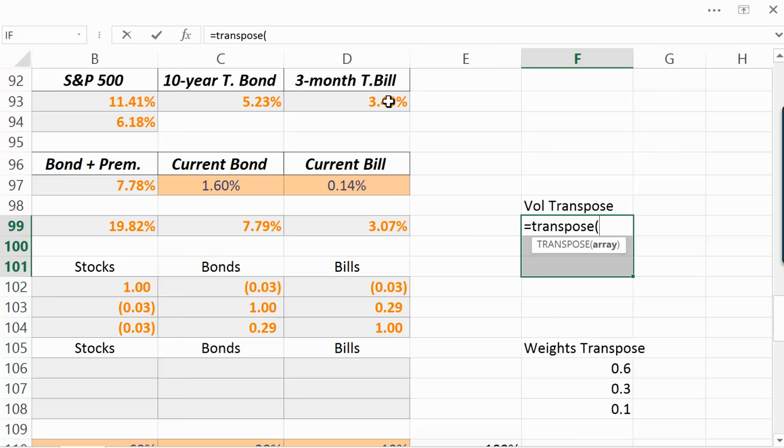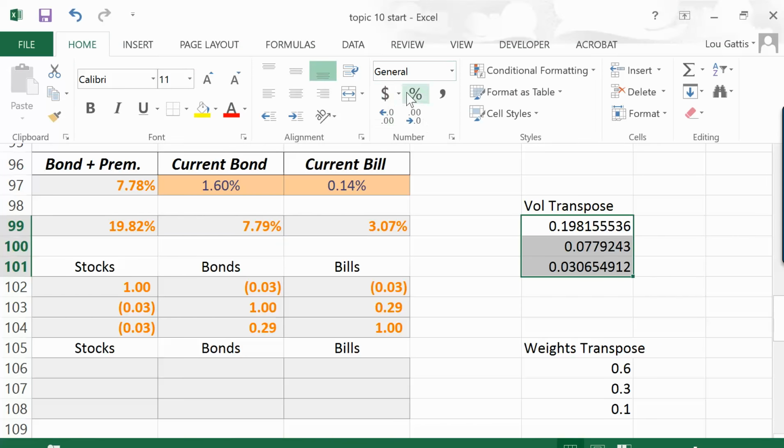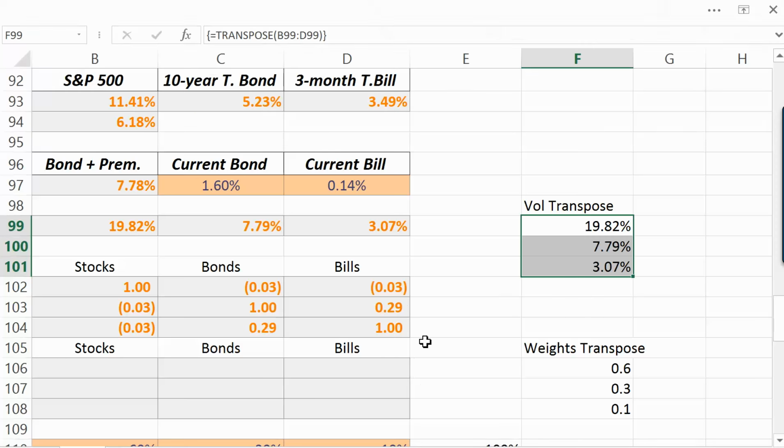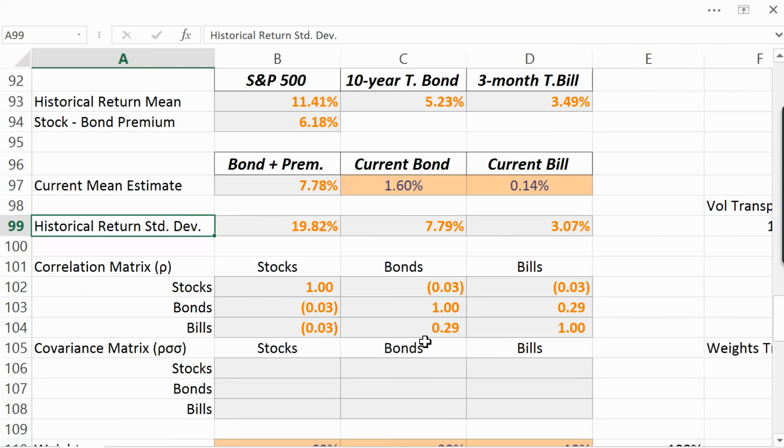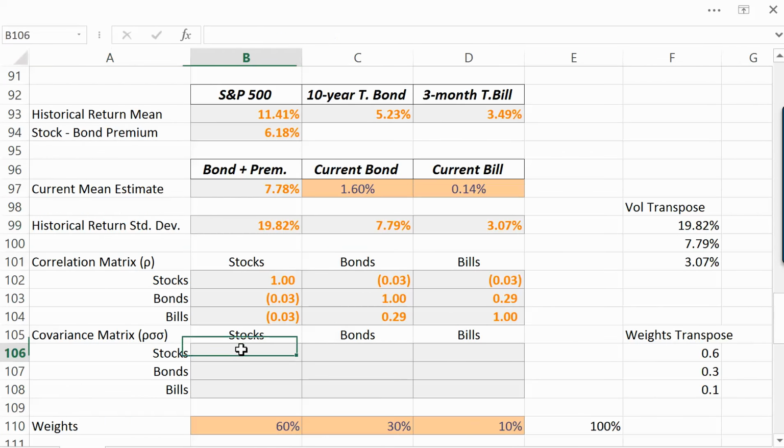And I'm going to highlight the standard deviations and hit Control-Shift-Enter to enter as an array. Now these are my three standard deviations. Now why I'm doing this is just going to make this a little bit easier because there's no easy way to anchor this. Each one of these values is a correlation from above times two standard deviations depending on where it is in this matrix.